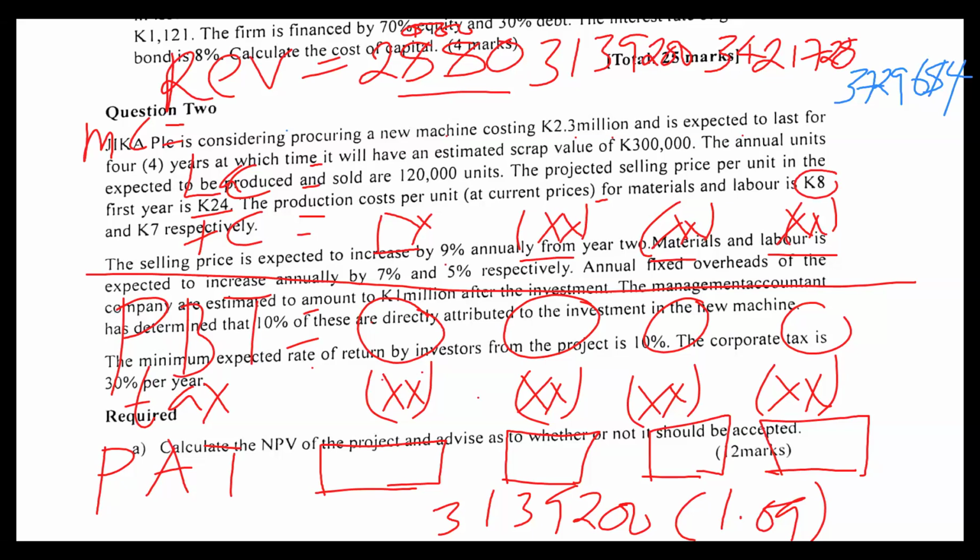It's still 120, because the question says that 120,000 were the units produced and sold at the same time. So can you say 8 times 120? What do you get as a material cost for the first year? 960,000.